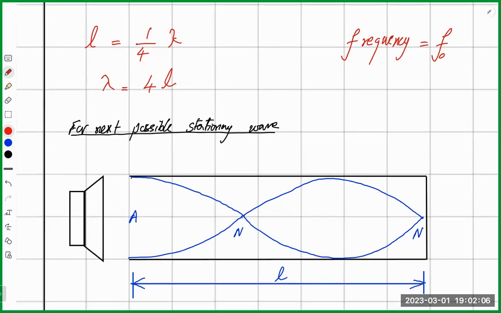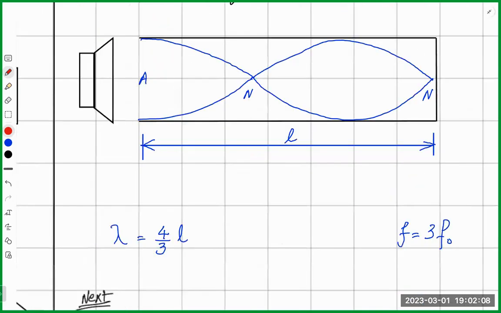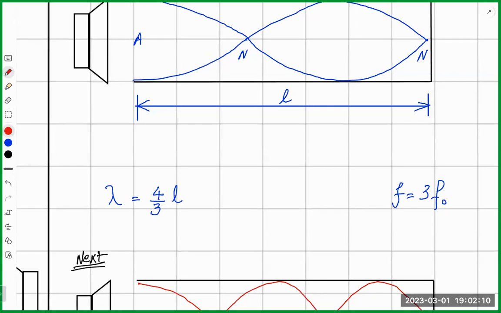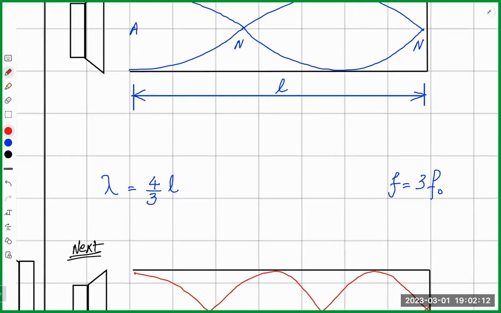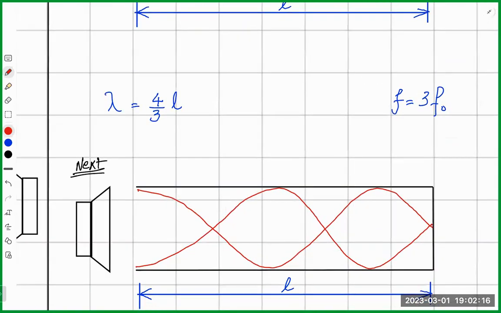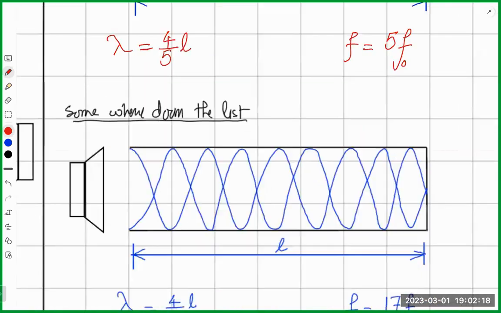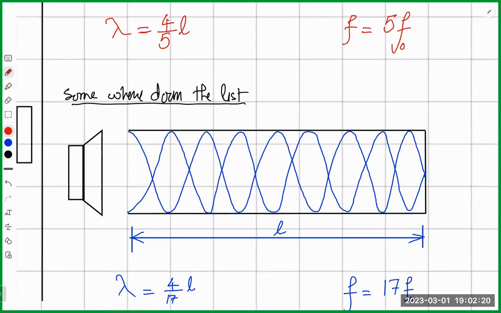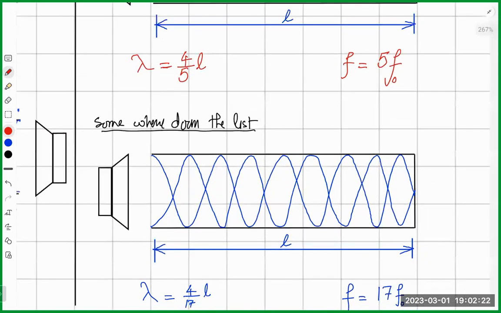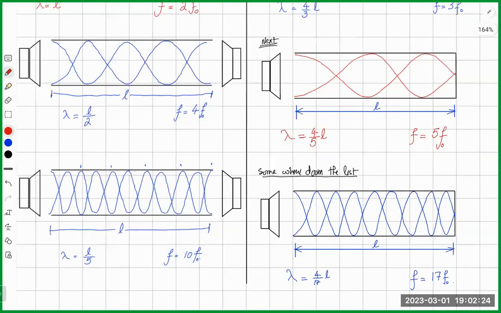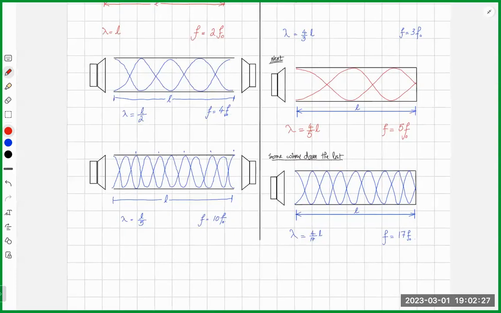That will make lambda equal to 4L/3, and frequency will be equal to 3 times the fundamental frequency. The next possibility is this, and then there are multiple possibilities, and we can find out the lengths and the frequencies.